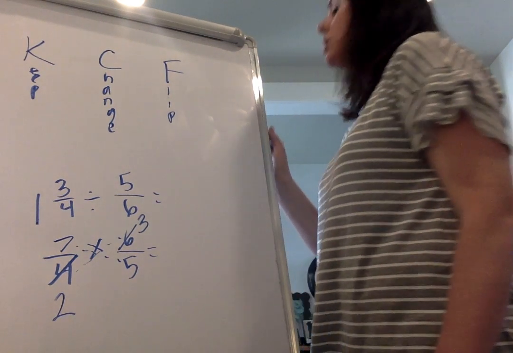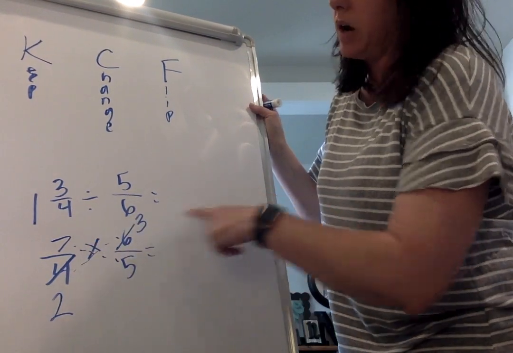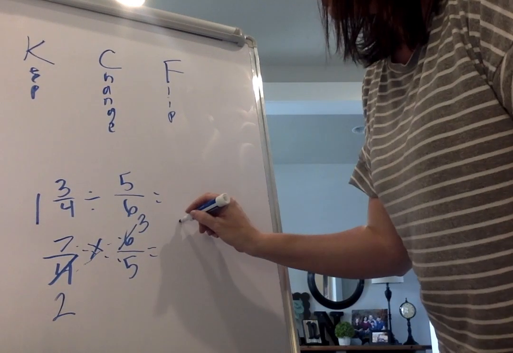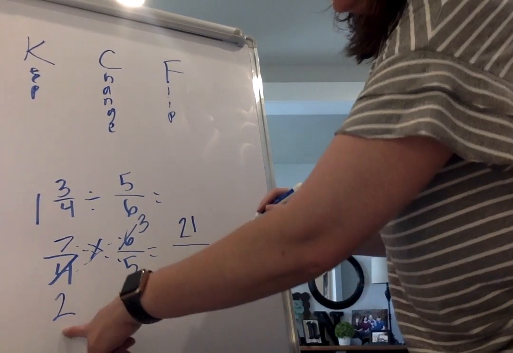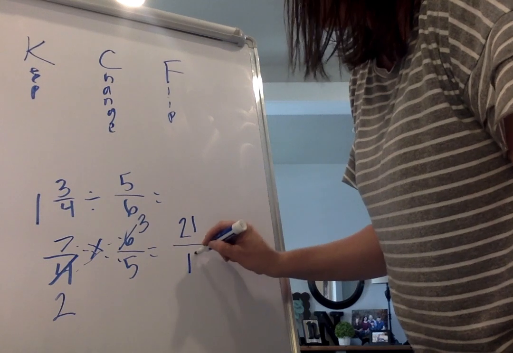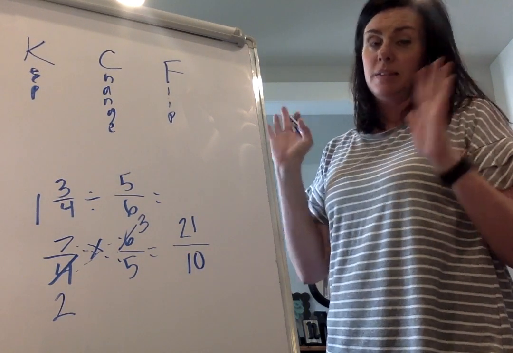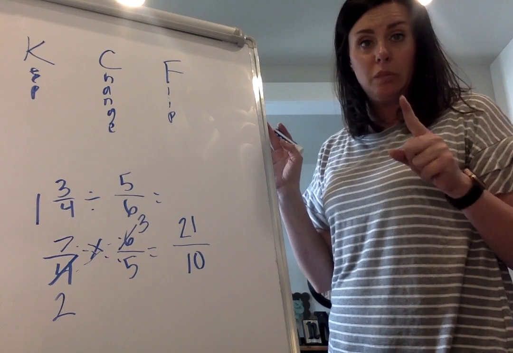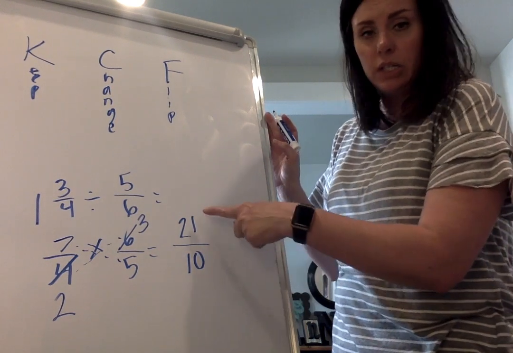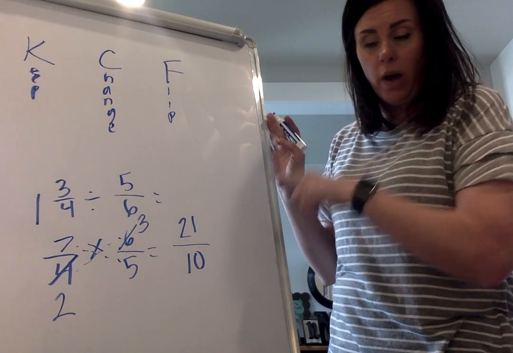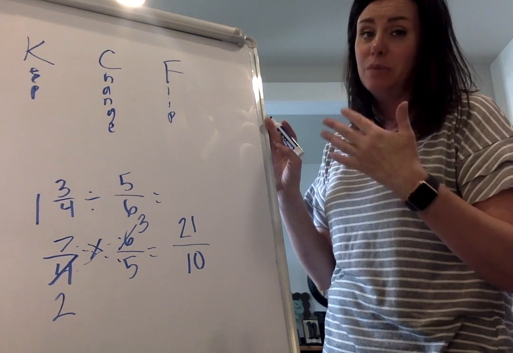Okay, so now we got to multiply straight across. 7 times 3 is 21. 2 times 5 is 10. We got 21 tenths, but we can't leave it like that because it's an improper fraction. We need to change it to a mixed number. 10 goes into 20, 2 times, right? Because 10 times 2 is 20.